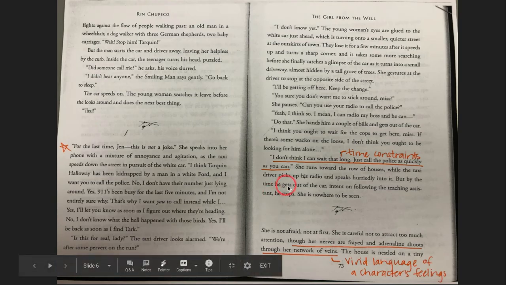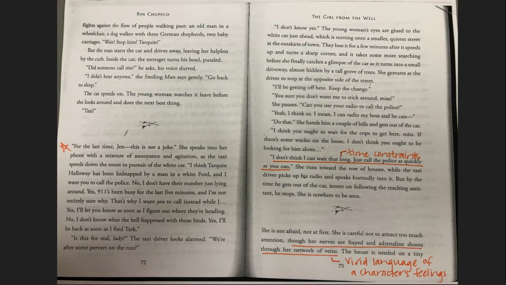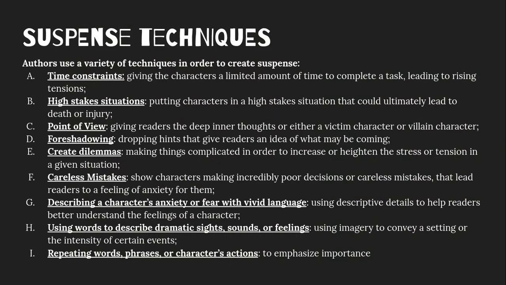I noticed that the author here used a time constraint where things had to get done relatively quickly. So I underlined it, and then off to the side, I identified the technique. I said, oh, this is an example of a suspense technique, and off to the side, I wrote, this is a time constraint. Again, I used this slide 4, and I kept referencing it to make sure that I was identifying the correct technique.